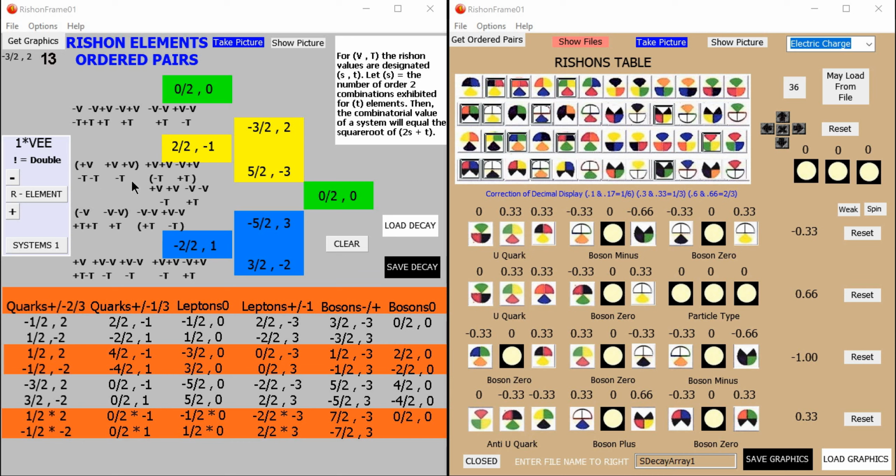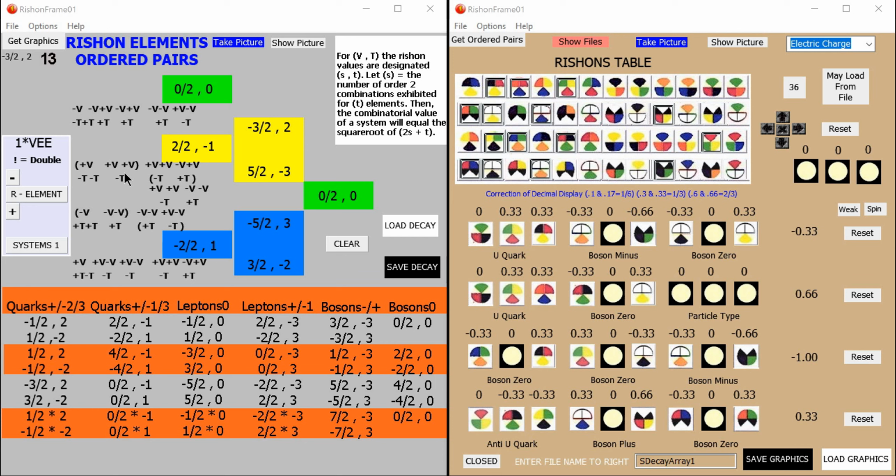And here we can see that the W minus boson that is emitted will be composed of a scalar boson minus that is composed of an anti-T flavored rishon and anti-T rishon.